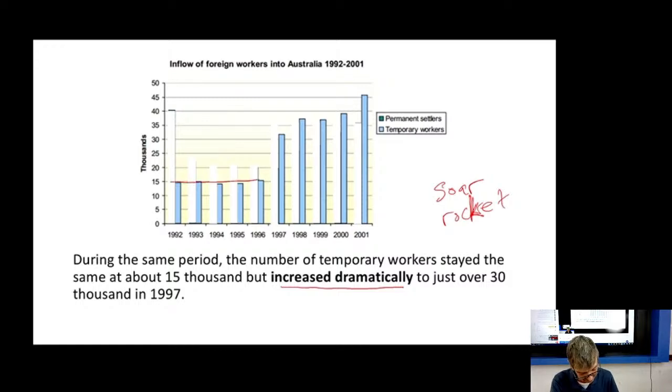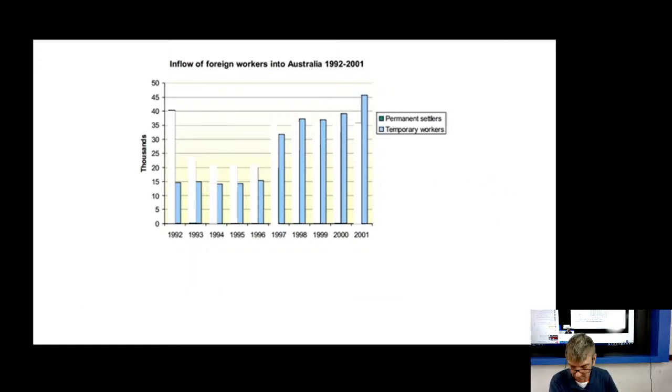Okay, so we've got to this part. Now we're going to describe this part. So, give the times again.